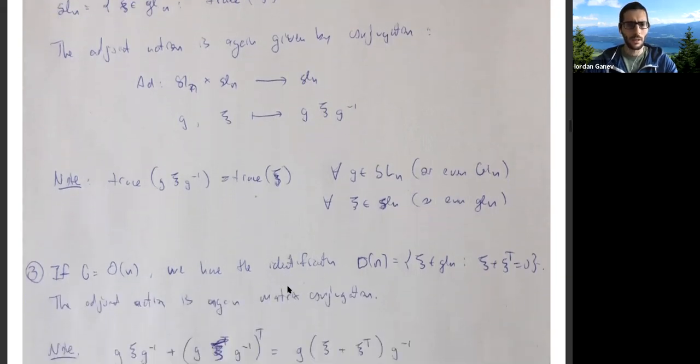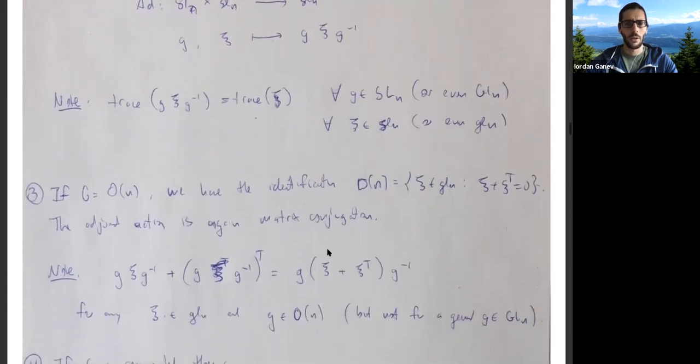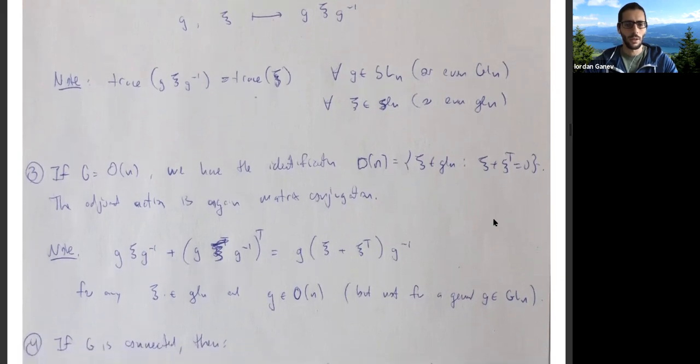Something slightly different happens with the orthogonal group. Maybe I should have written SON here, because it's the same as ON, and it's more conventional to write it as SON. But anyway, the Lie algebra is these Q-symmetric matrices. The adjoint action is again matrix conjugation. One thing to point out is that it's important that we're conjugating by orthogonal matrices.